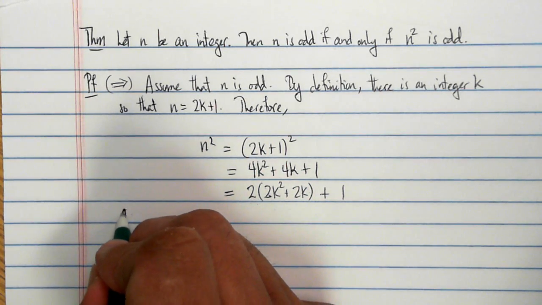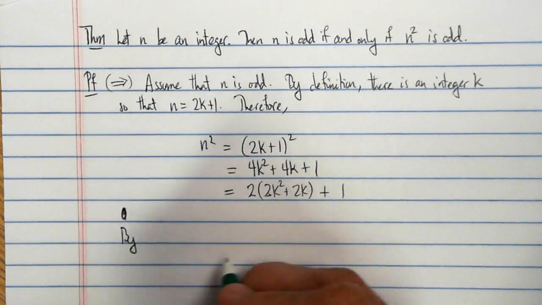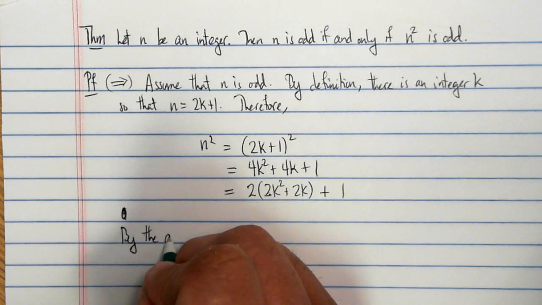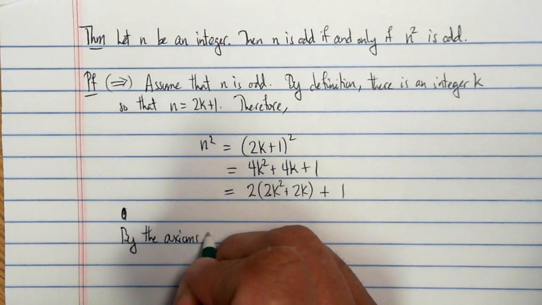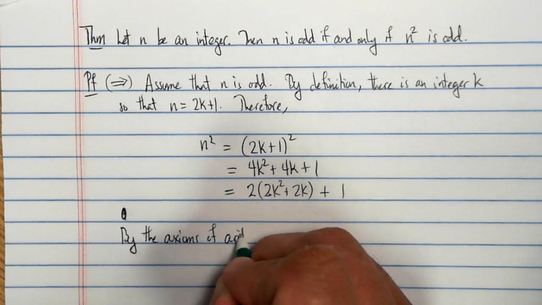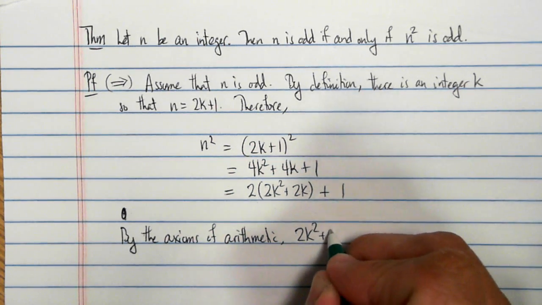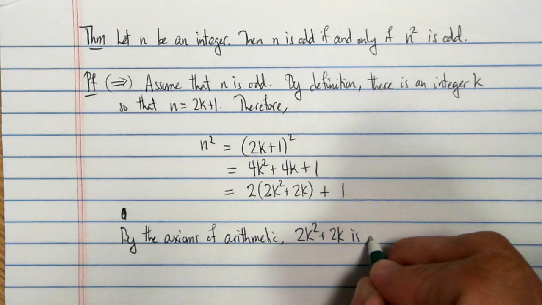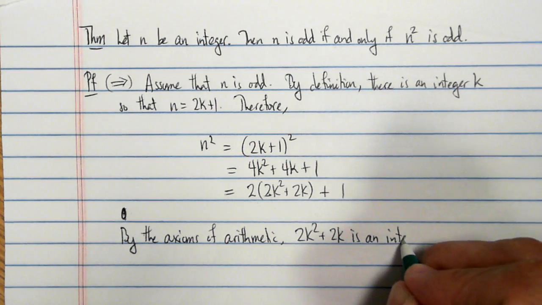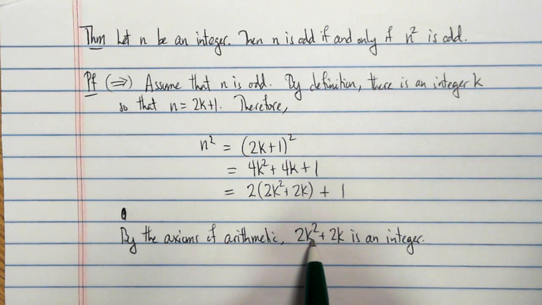By the axioms of arithmetic, 2k squared plus 2k is an integer. In other words, k is an integer, so 2 times k is an integer. k is an integer, so k squared is an integer, and 2k squared is an integer.